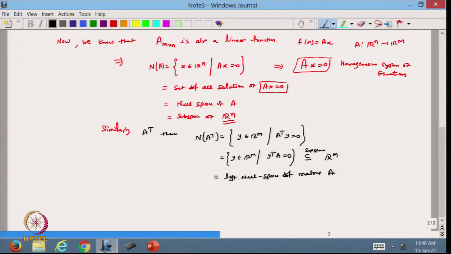This is called the left null space of matrix A, and that is equal to N(A transpose). So this is how we are defining this one.